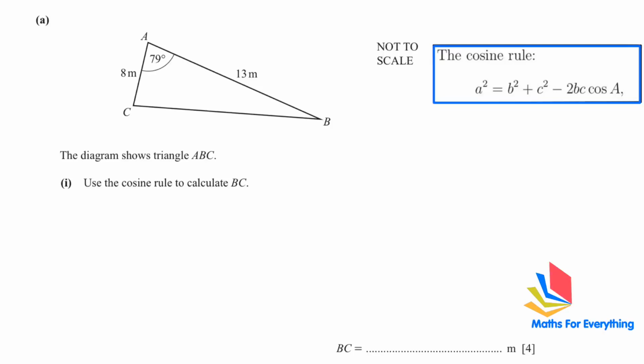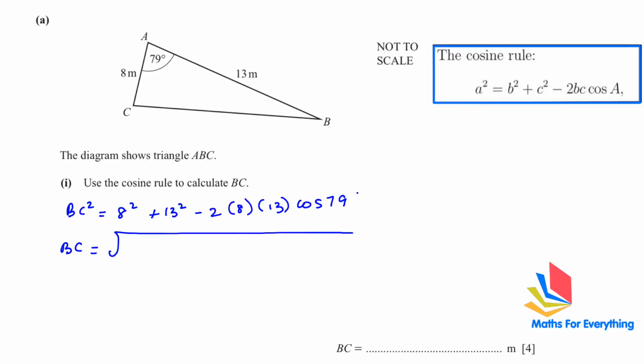So we'll write BC squared is equal to 8 squared plus 13 squared minus 2 multiplied by 8 multiplied by 13 cos 79. You can either put this in the decimal or you can write the whole thing under the square root and write the whole answer at one go.